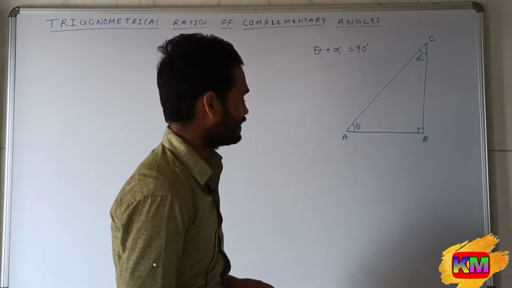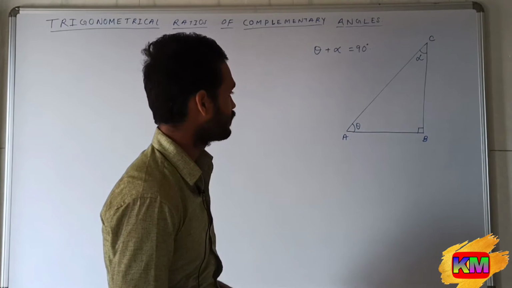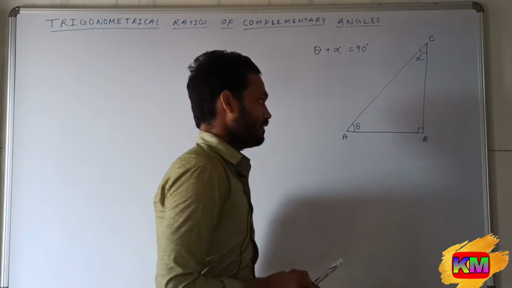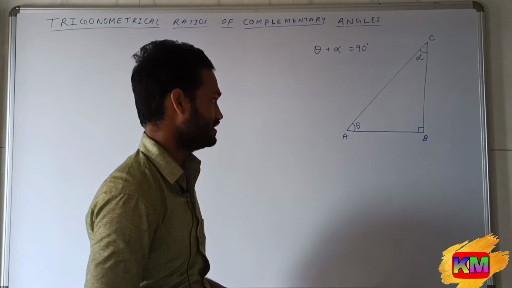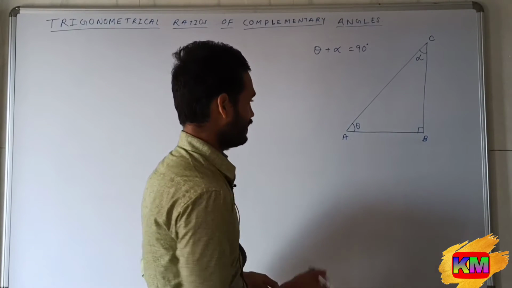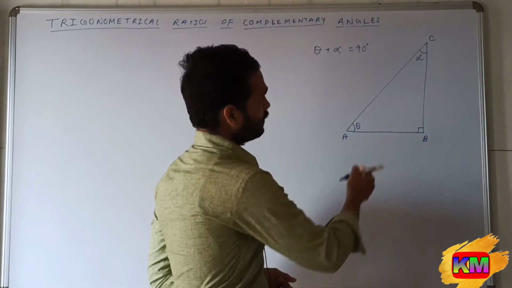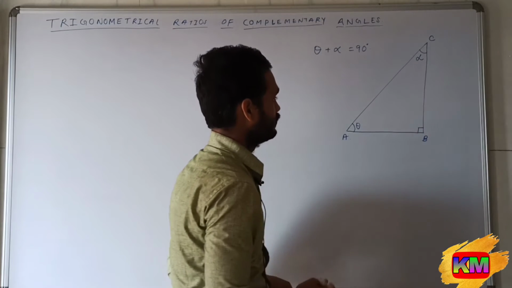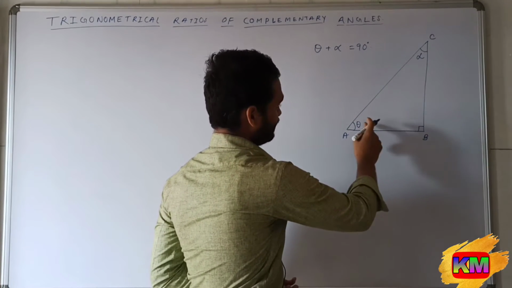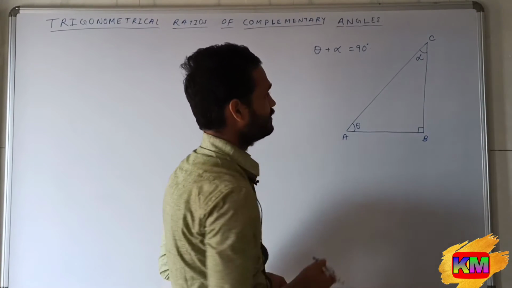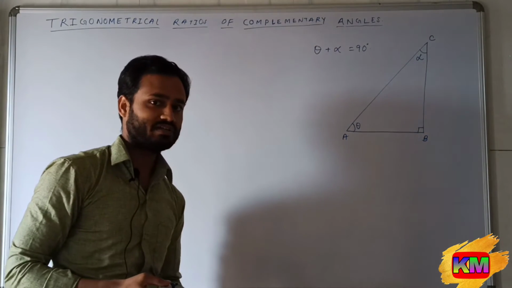This is right angle triangle ABC, right angled at B, and angle A equals theta and angle C equals alpha. From this triangle we can write theta plus alpha equals 90 degrees. So theta and alpha are complementary to each other.